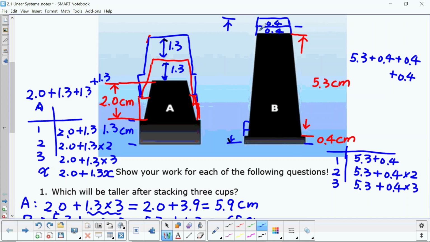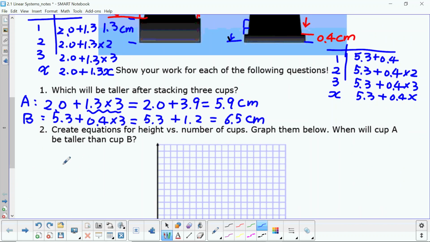So you have the height without edge, then plus 1 cup is 1 edge, 2 edges, 3 edges. So 3 cups, times 3. If x cups, it will be 5.3 plus 0.4 times x. So now we have the 2 equations here. For the first one, y equals 2.0 plus 1.3x.